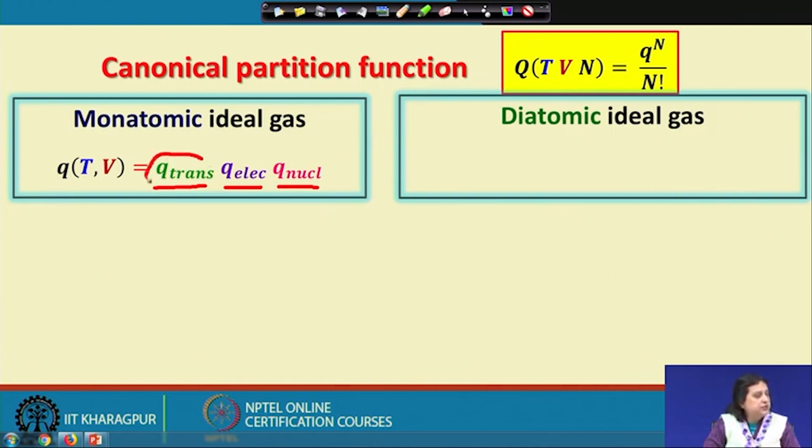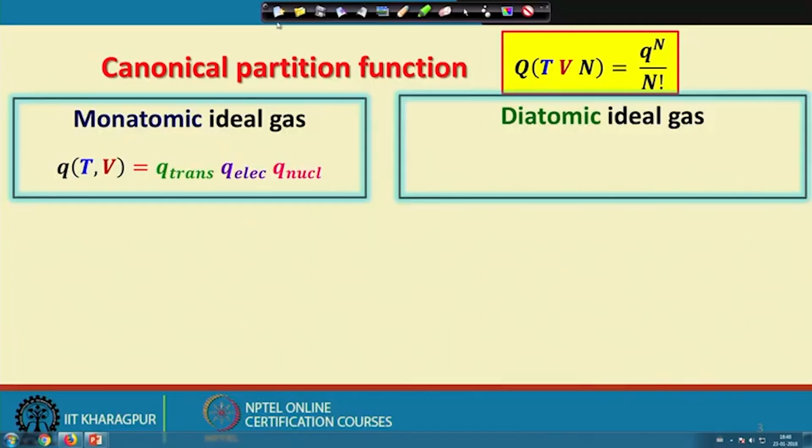So, this first term corresponds to the movement of the molecule as a whole, or the atom as a whole, in the confining volume, and these two terms correspond to the underlying microscopic structure as given by the solution of the Schrodinger equation at 0 Kelvin temperature.